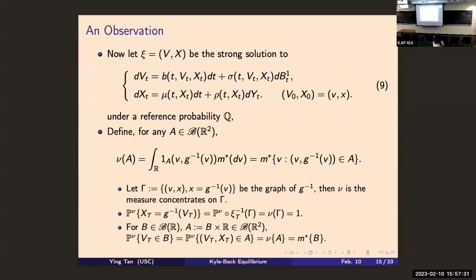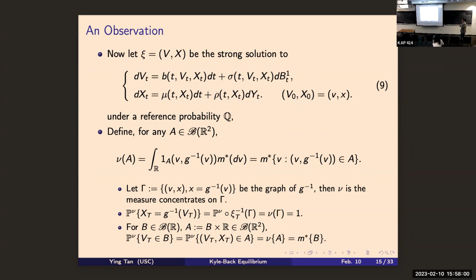Okay, so now we have a very interesting observation from the theorem I just introduced. Remember that the main idea of the theorem is that for a random variable and a distribution, we can construct a probability such that the random variable has that distribution. For our problem, we hope that V capital T is equal to G of X capital T almost surely.